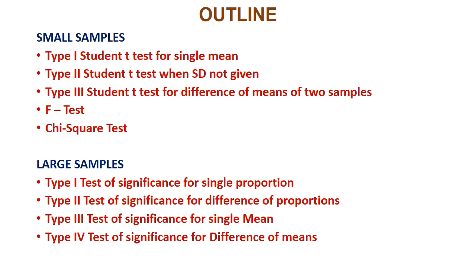Then it is going to be followed by f-test, and last we are going to see about chi-square test. In large samples, we are going to see about the test of significance for single proportion, then the test of significance for difference of proportions, then the test of significance for single mean, followed by test of significance for difference of means.